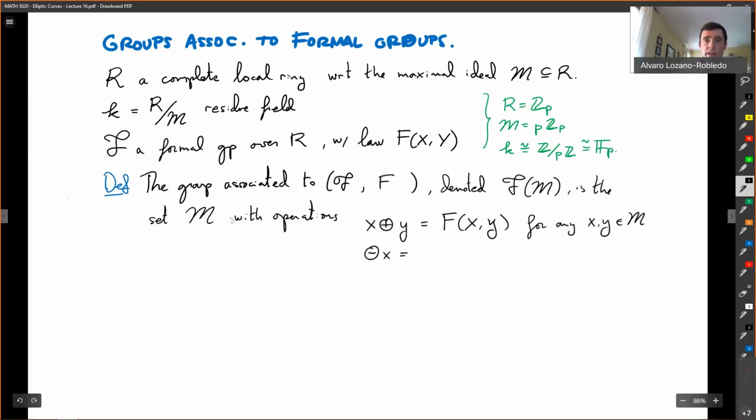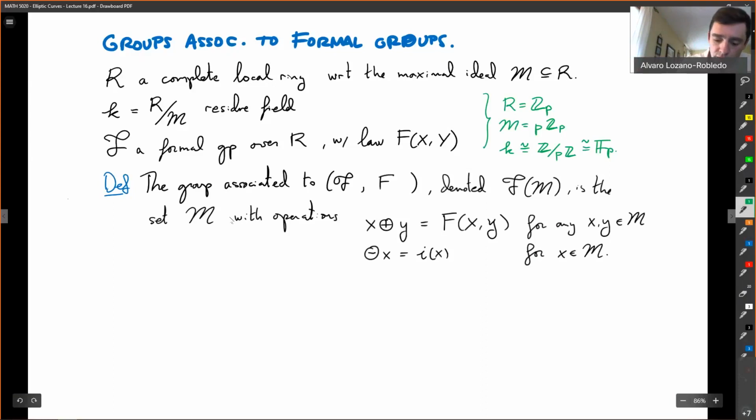So what is the additive inverse element? That's I of x, for x also in the maximal ideal. Okay, so I put a new group structure on that maximal ideal, and that gives me new groups to work with.